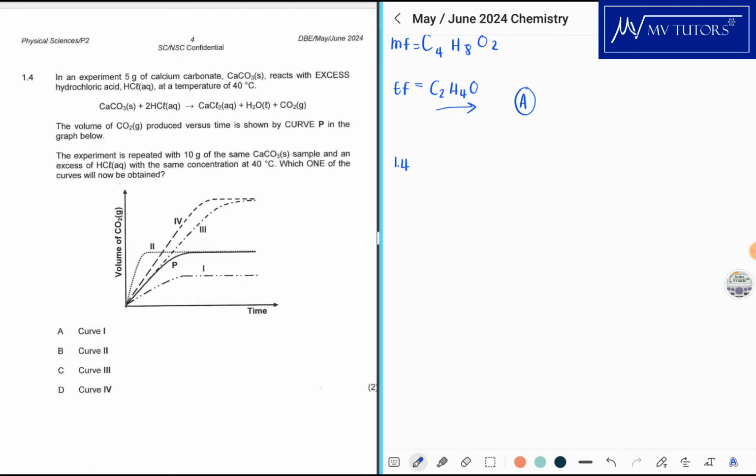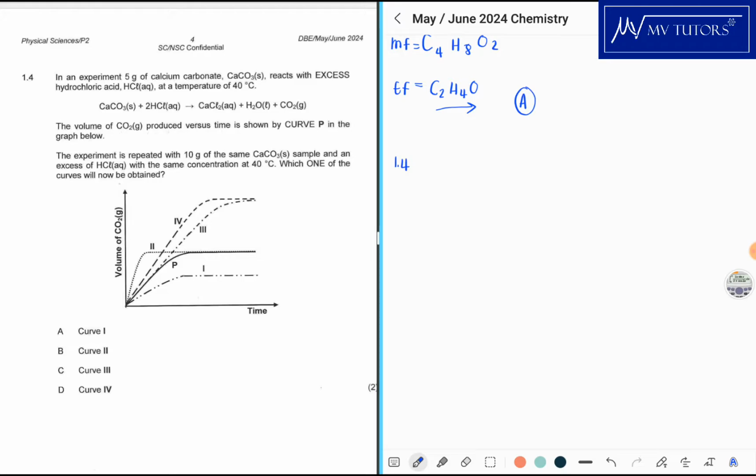It says, in an experiment, 5 grams of calcium carbonate reacts with excess hydrochloric acid. Okay, they put excess there in capital letters. What does that mean? It means you have so much hydrochloric acid that our limiting reactant here will be calcium carbonate. So once calcium carbonate finishes, the reaction is complete.